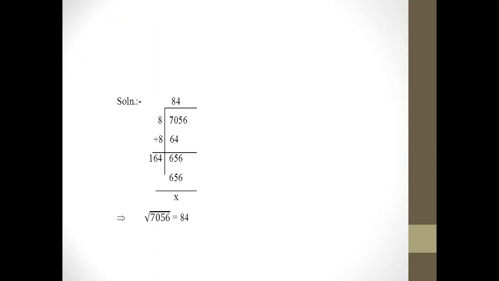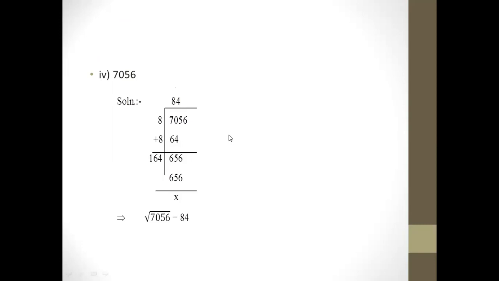Now come to the next part. Next part is the fourth part. Second and third you do by yourself. Again 7056. I say that you will make pairs from the right side. When you make pairs, the first pair is 56 and the second pair is 70. Now first you divide 70 by that number which multiplied by itself fits.